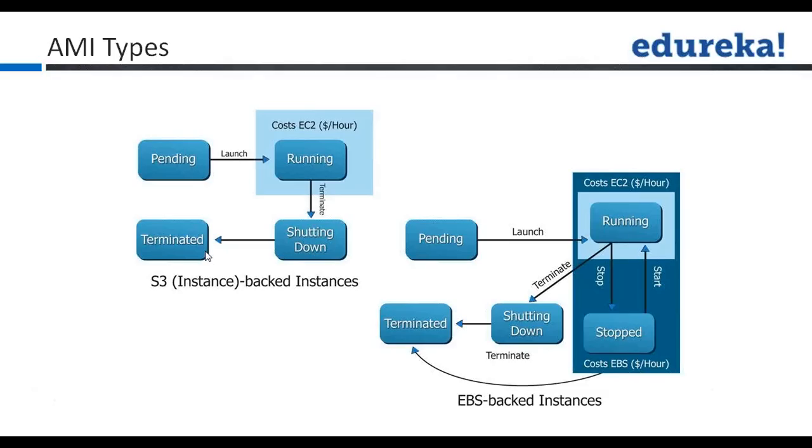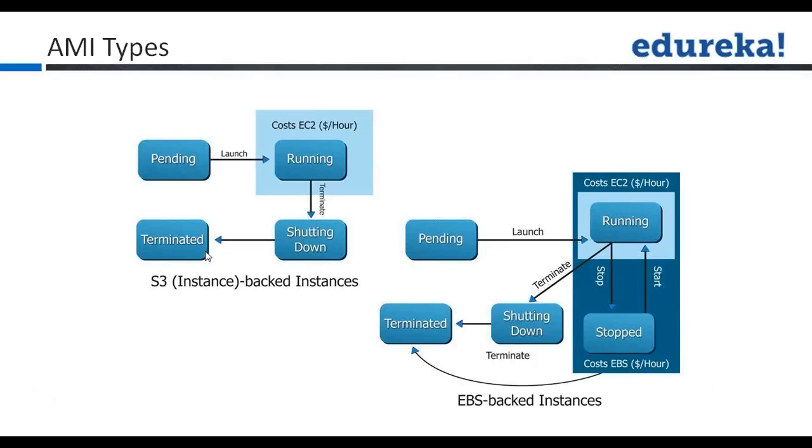Now, as I said before, it charges you an additional EBS cost. That EBS cost is not so much. Amazon charges you 10 cents for 1 GB of data. So for a month, if you have 10 GB of storage, it would come to $1. But you almost save 80 cents in a day alone.